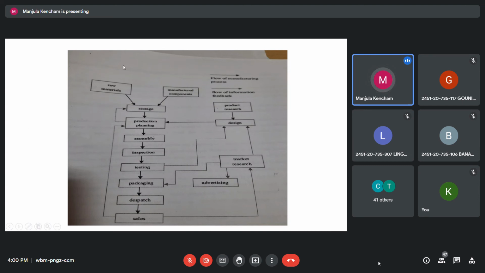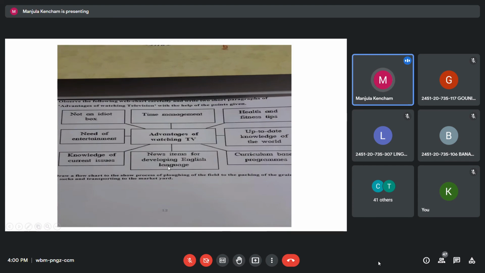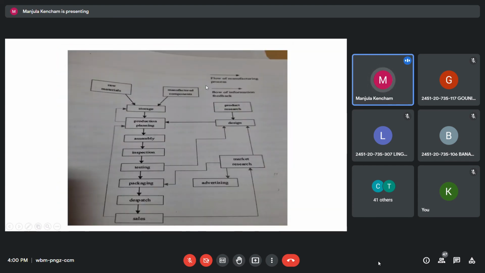So this kind of question has to be given to you. It's about some manufacturing unit where they make use of a flow chart. A flow chart that talks about raw materials, manufactured components, storage, then production planning.